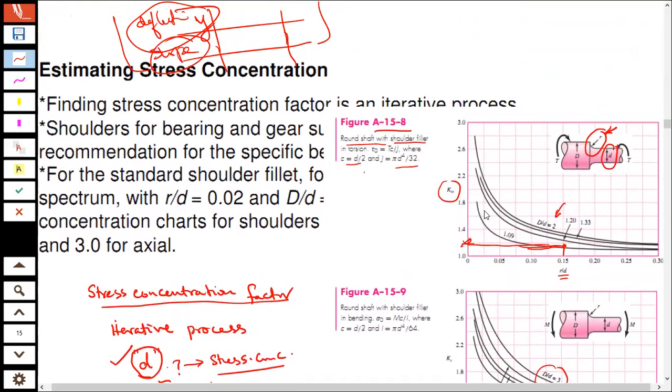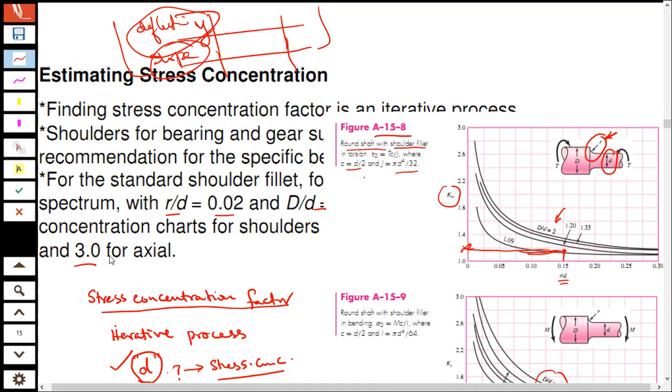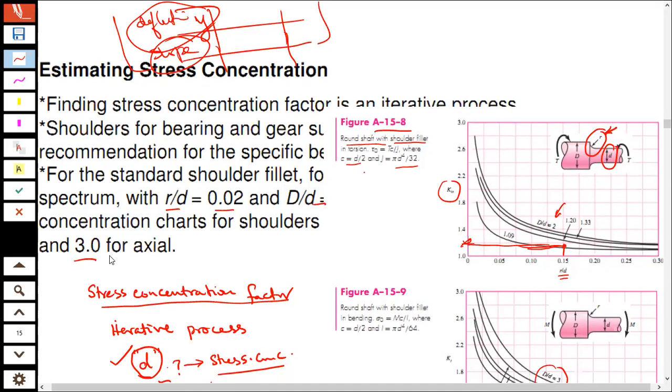Now, looking over here for a standard shoulder fillet with R over d equal to 0.02 and some value of D, the stress concentration charts will tell you that it is a 3 for axial. Similarly, there is some stress concentration for bending and some stress concentration for torsion.